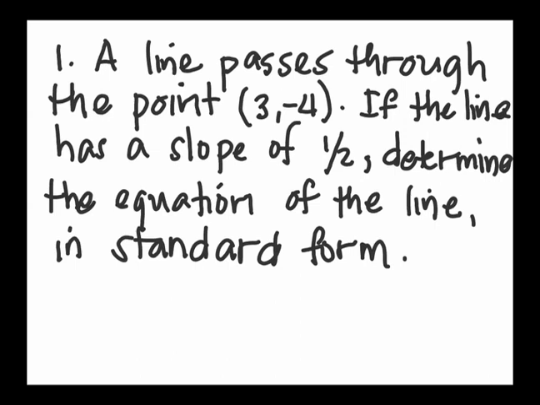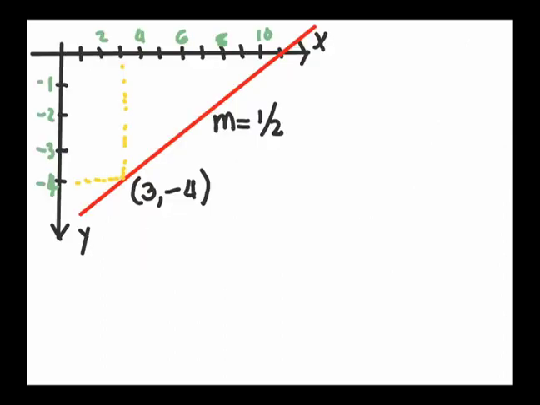Let's have some examples. First, a line passes through the point 3, -4. If the line has a slope of 1/2, determine the equation of the line in standard form. Okay, we'll now sketch the line on a Cartesian plane.